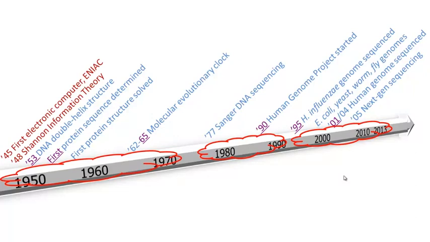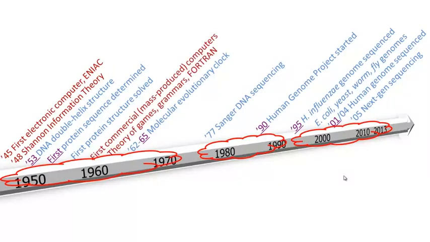One significant milestone in computer science was the information theory published by Shannon in 1948. In the 1940s, computers were so expensive that they were used only in the military and large government institutions. It was not until the 1950s that computers were mass-produced and commercialized.